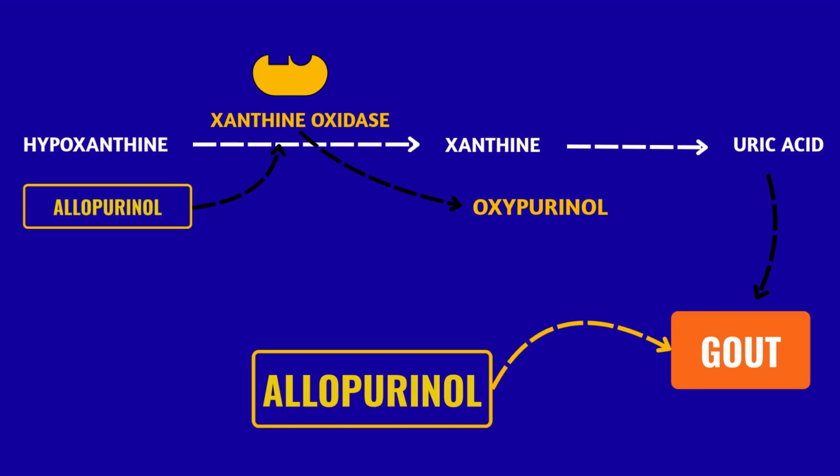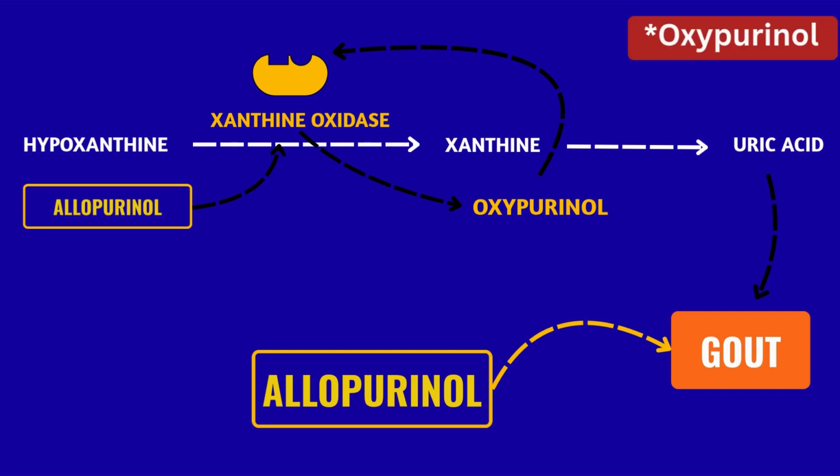This oxypurinol, which is the product made from allopurinol, binds very tightly to the enzyme's active site. As long as oxypurinol is stuck in the active site, new xanthine or hypoxanthine can't get in. So, their conversion to uric acid slows down or stops. This is called product inhibition.